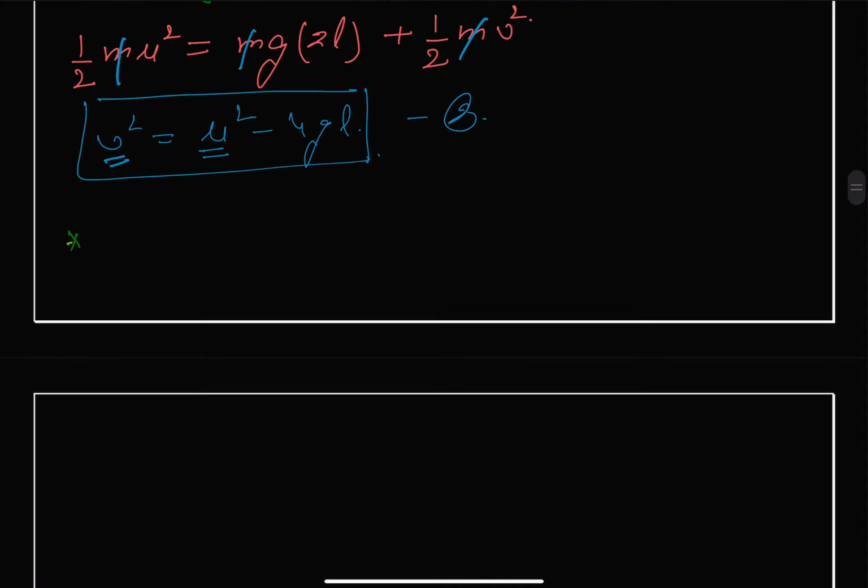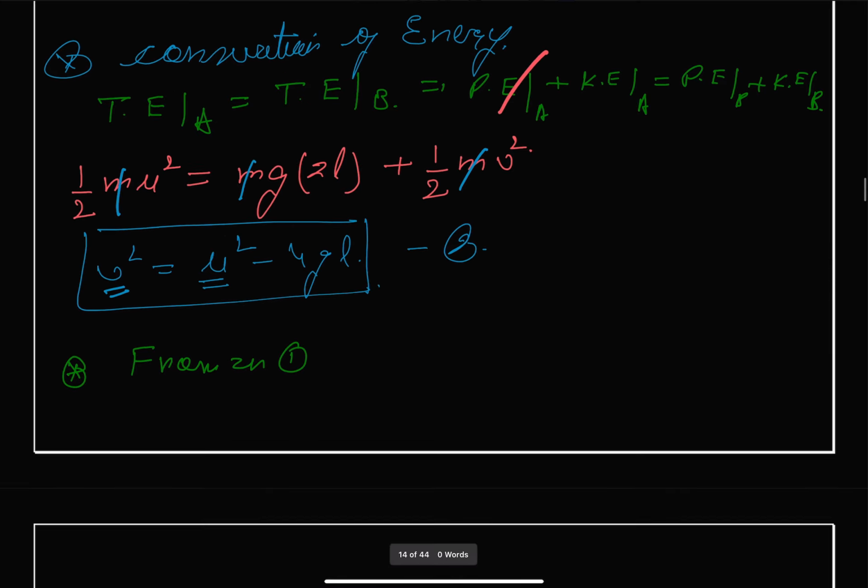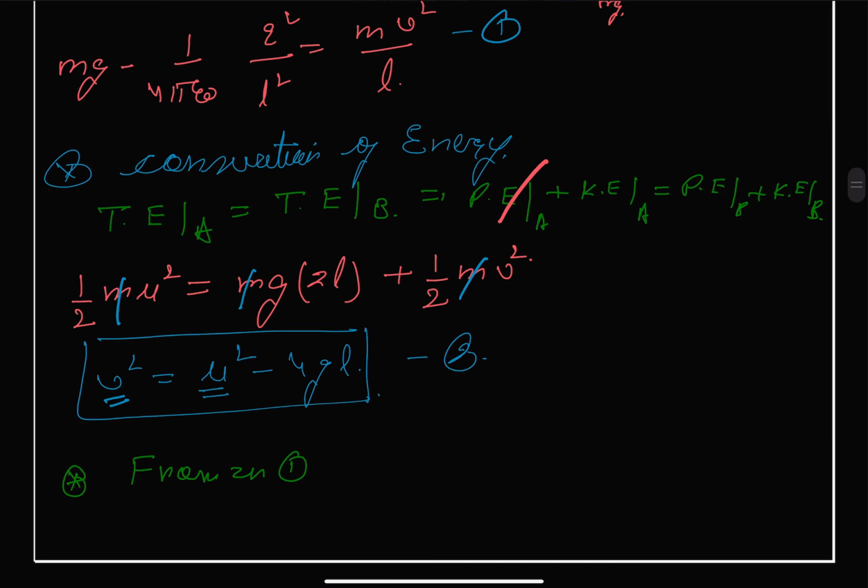So from equation 1 we can write that V square will be equal to, we divide it by L and M, so we get GL minus 1 upon 4 pi epsilon naught Q square upon M multiplied by L.